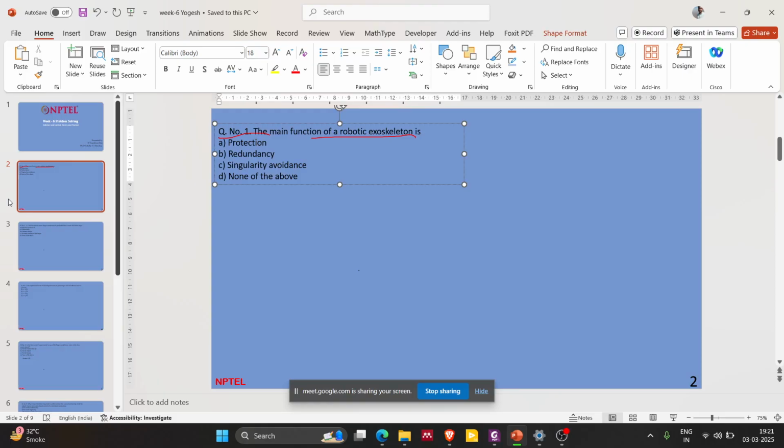If the question asks what the main criterion is while designing an exoskeleton, your answer will be safety. Safety is the first thing you need to ensure, so that the developed device won't kill you or affect you in some inhuman manner.